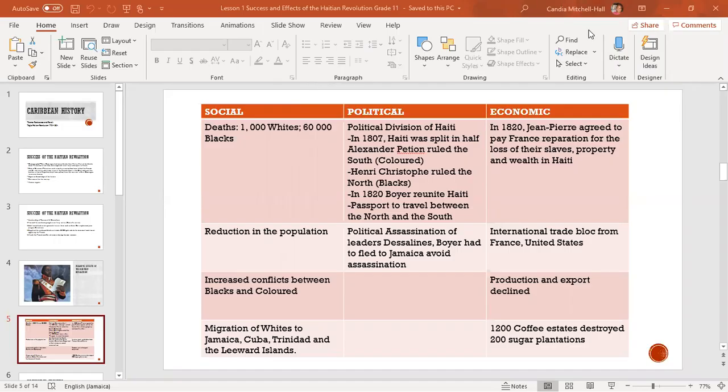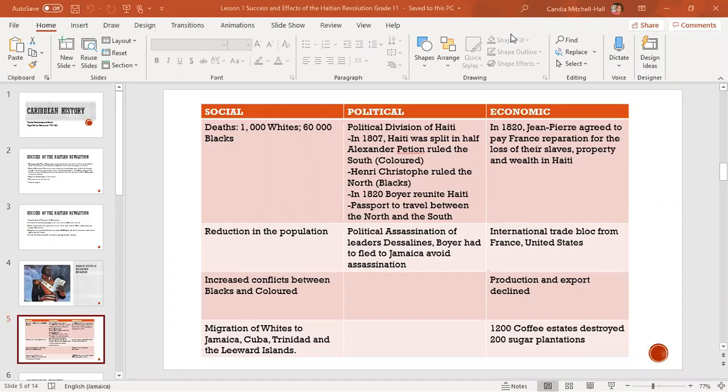And not only that, ladies, while they have to pay reparation, which is an economic problem, as a student mentioned earlier, France and the United States put a trade block on Haiti. Nobody could trade with them. So even if Haiti was producing goods, they had nobody to sell the goods to.